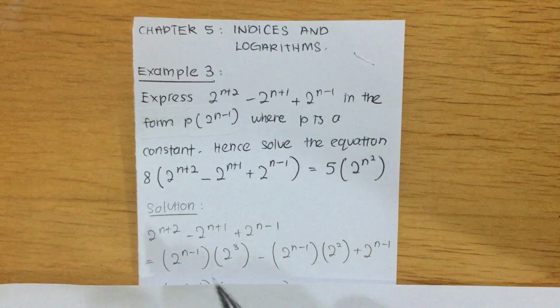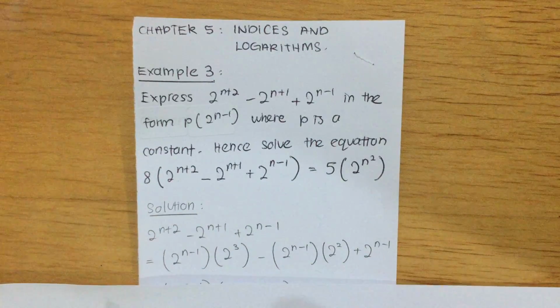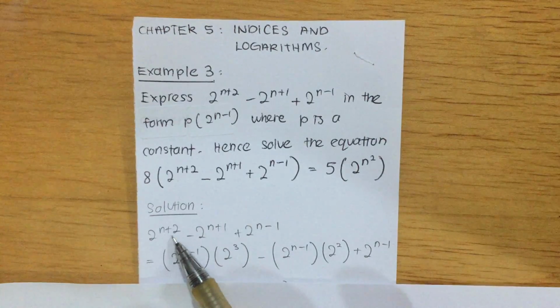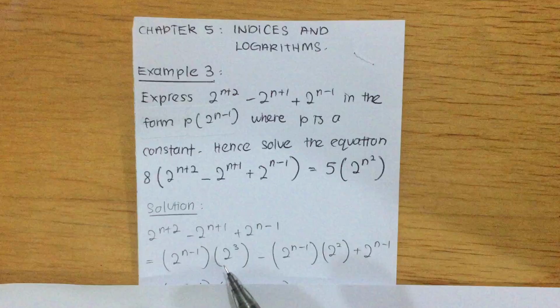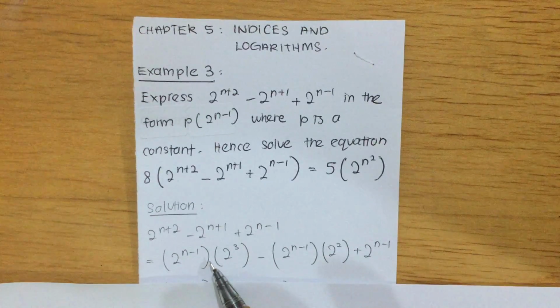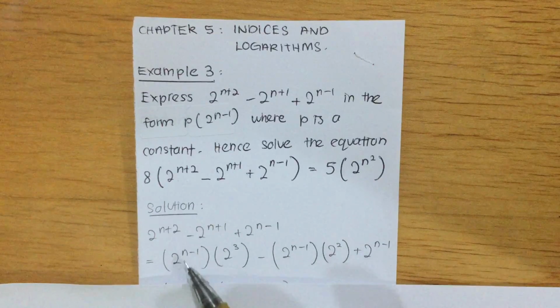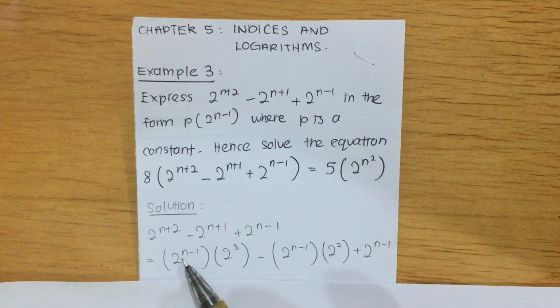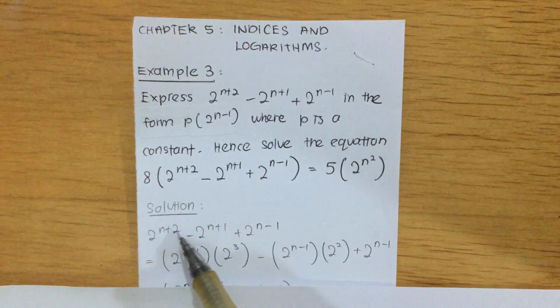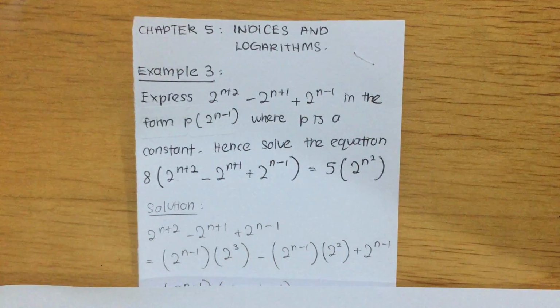I repeat, to remain 2^(n+2), you just multiply by 2^3, because when you multiply the same base you add the powers. n - 1 + 3, you get back n + 2.